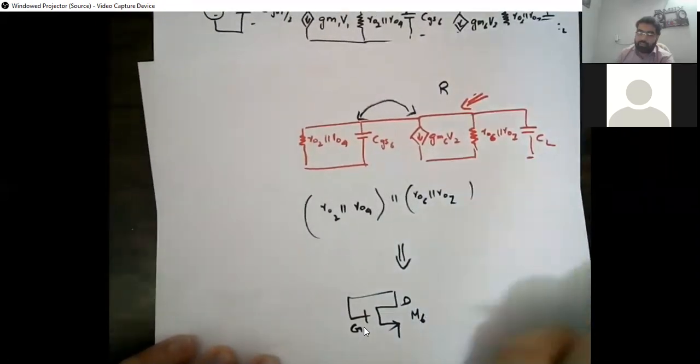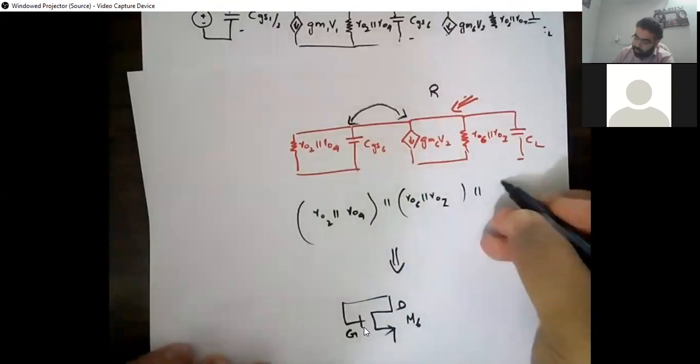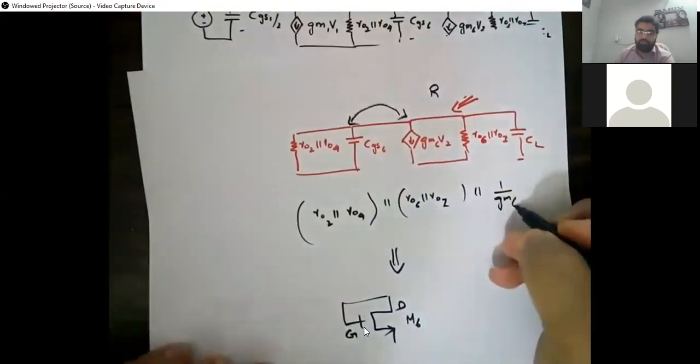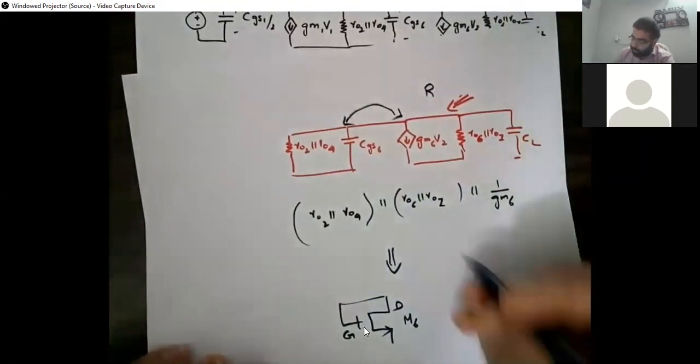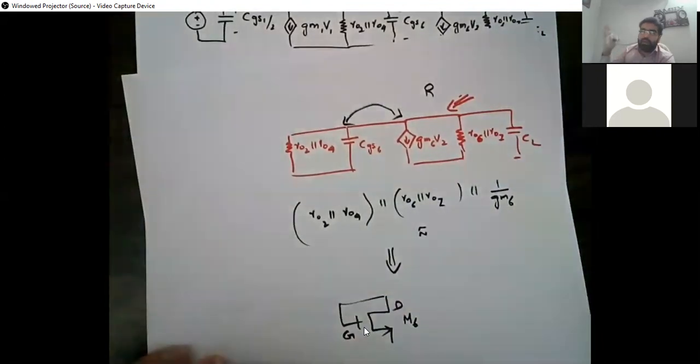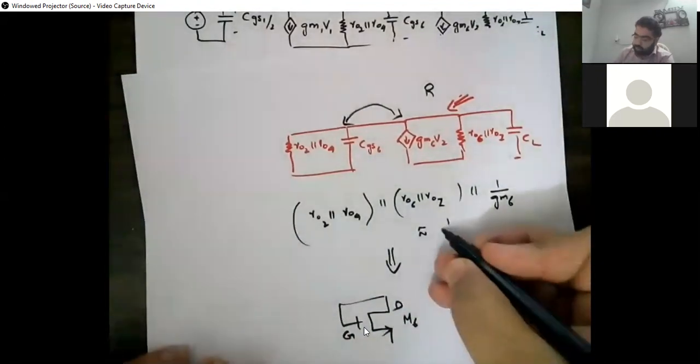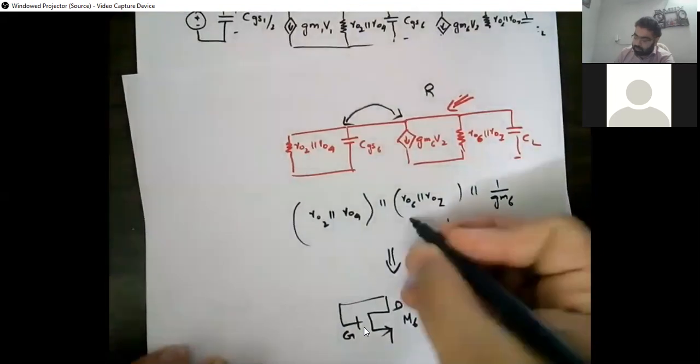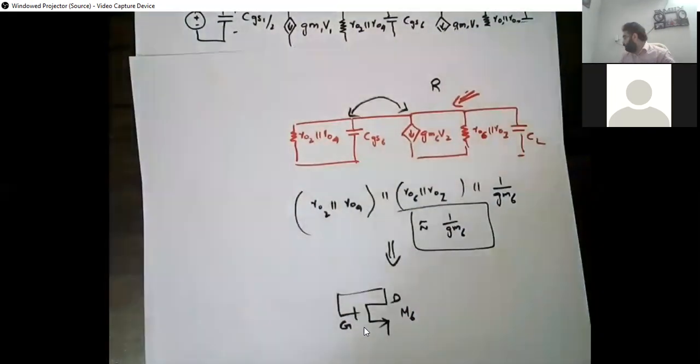This was M6, so in parallel with 1 over GM6. So the overall impedance we can approximate as RO in parallel with 1 over GM6, which is 1 over GM6. So the impedance seen at this point is going to be 1 over GM6.